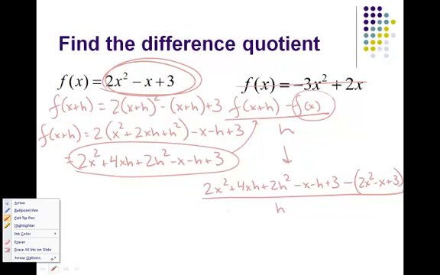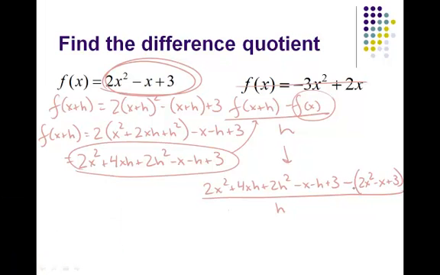If I distribute this negative, I'm going to get negative plus minus. So now I can clean up the top. 2x squared minus 2x squared. 4xh plus 2h squared. Negative x plus x minus h, and the 3's cancel as well, all divided by h.